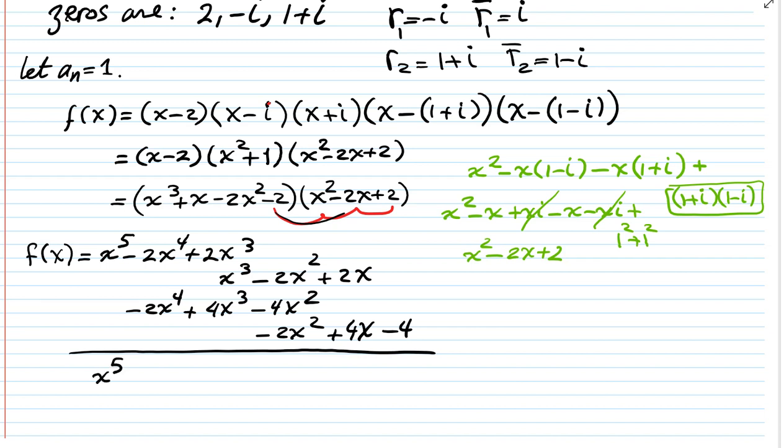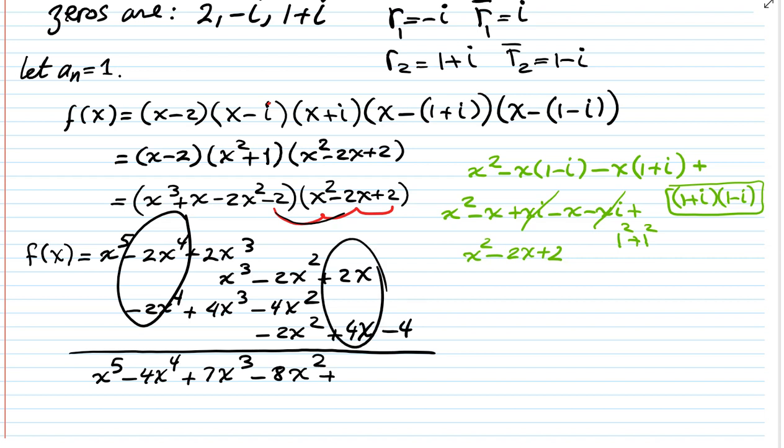Bring down x to the 5th. Combining those, we get negative 4x to the 4th, right? Next, the x cubes are like terms. We got 7 of those. And then we got 8x squared plus 4 and 2 makes 6x minus 4.